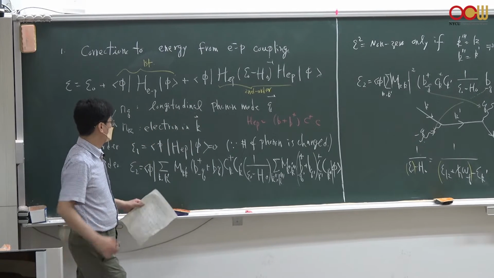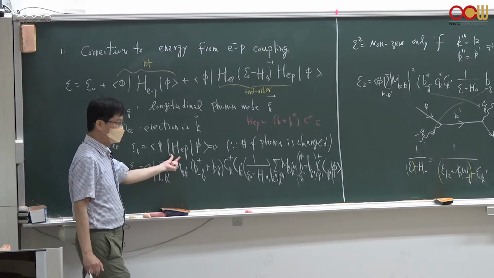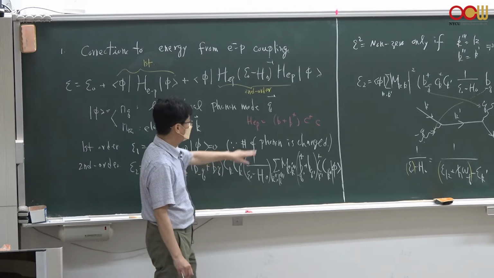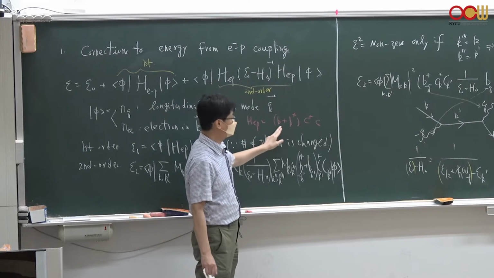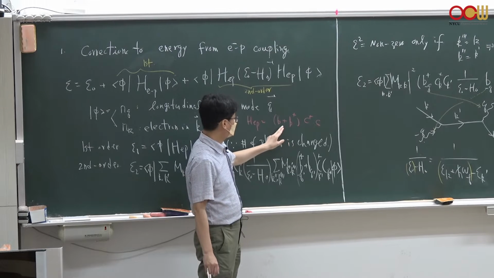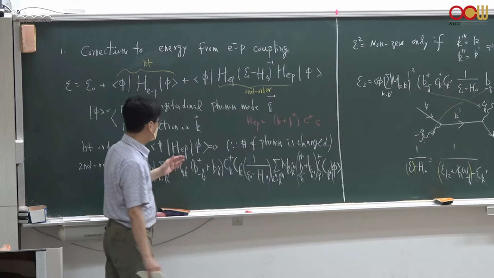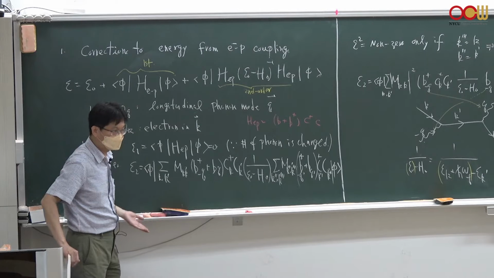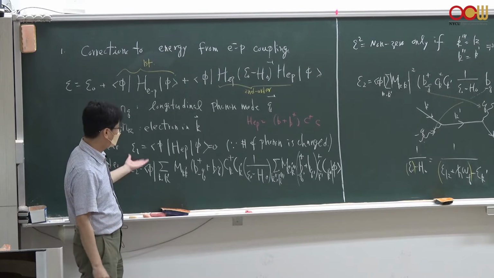Once we insert this H_EP into the linear term, the destruction or creation of a single phonon changes the number of phonons of the unperturbed ground state by 1.